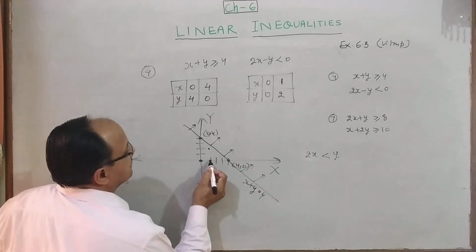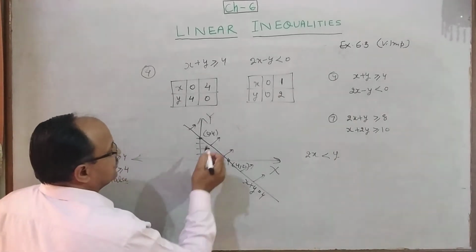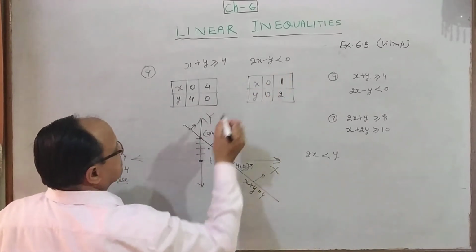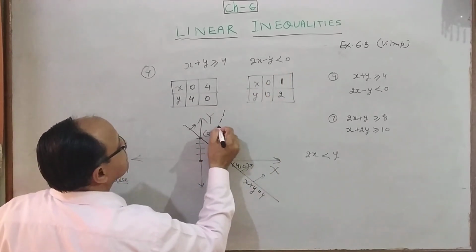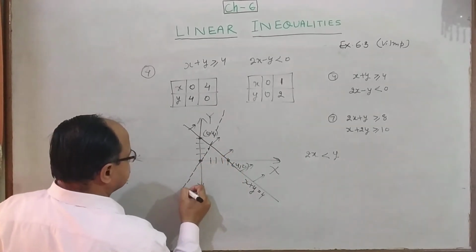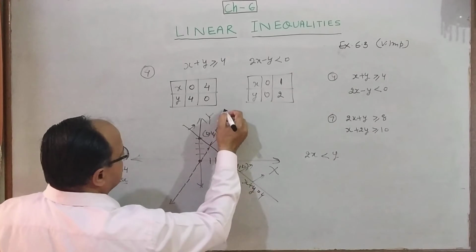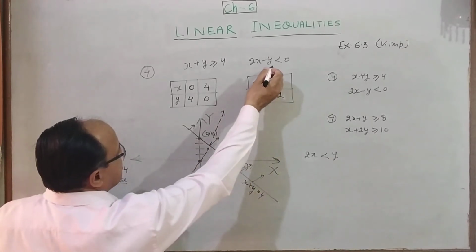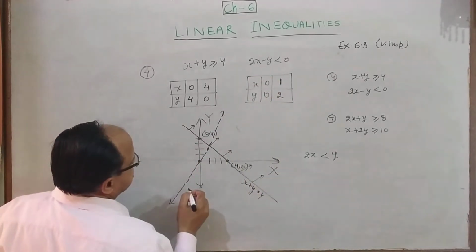Correct? But you know that this line should be dotted, because the linear inequality symbol is only less than, not less than or equal to.